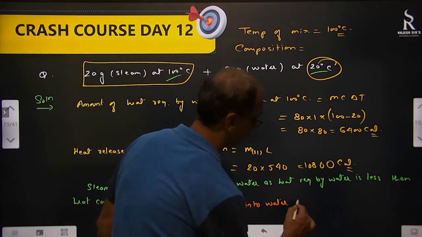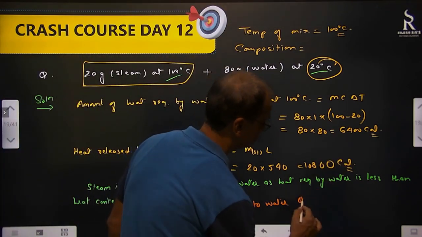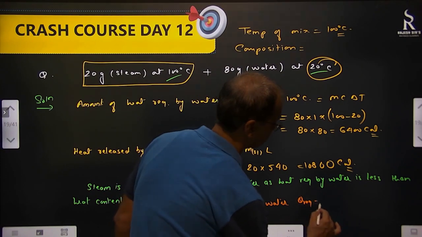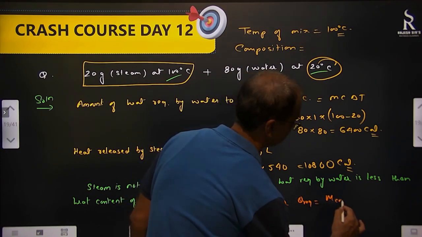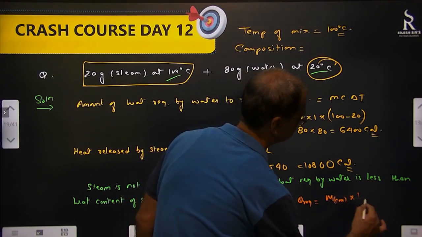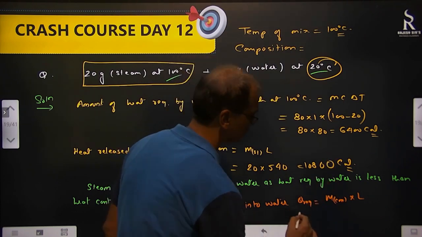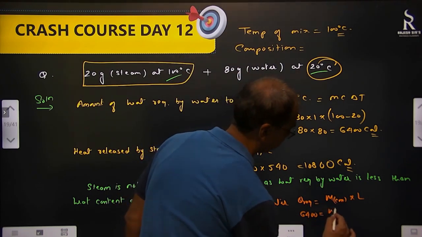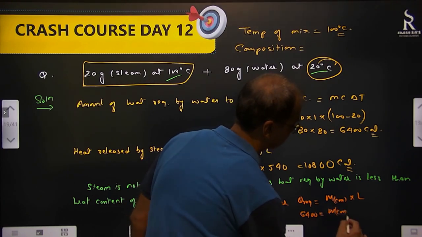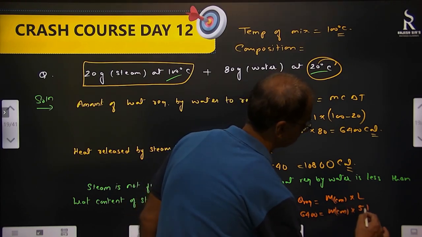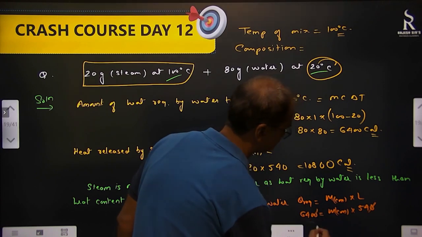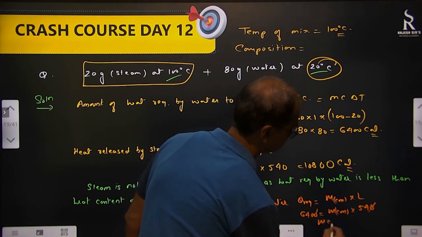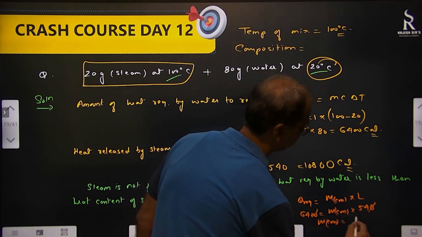So Q required, how much Q required? This. M converted into L. Q required is 6,400. Mass we are finding. L is 540. 0 and 0 get cancelled. So M converted is equal to 640 by 54.